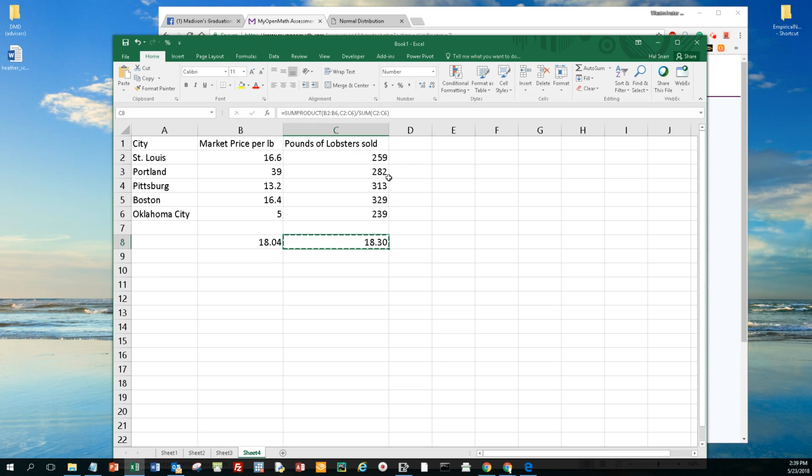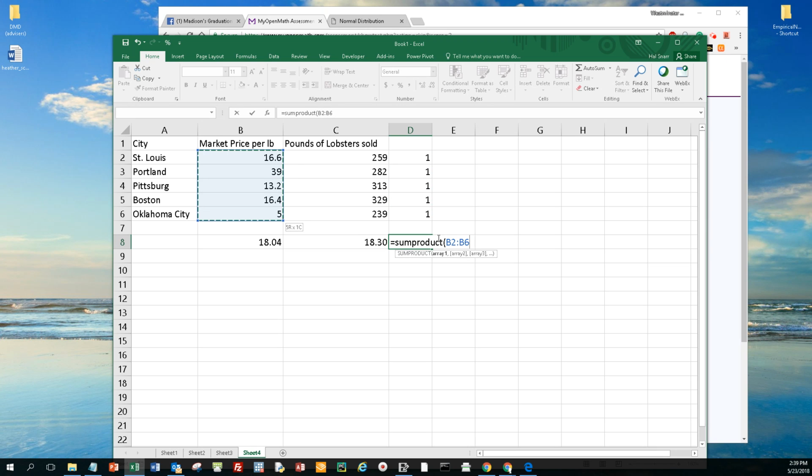Now, what's going on here? Let's redo this. Let's do a weight of 1, 1, 1, 1, and 1, and I'm going to use the ones as the weights in this problem. I highlight the market prices per pound, and then I highlight the ones.